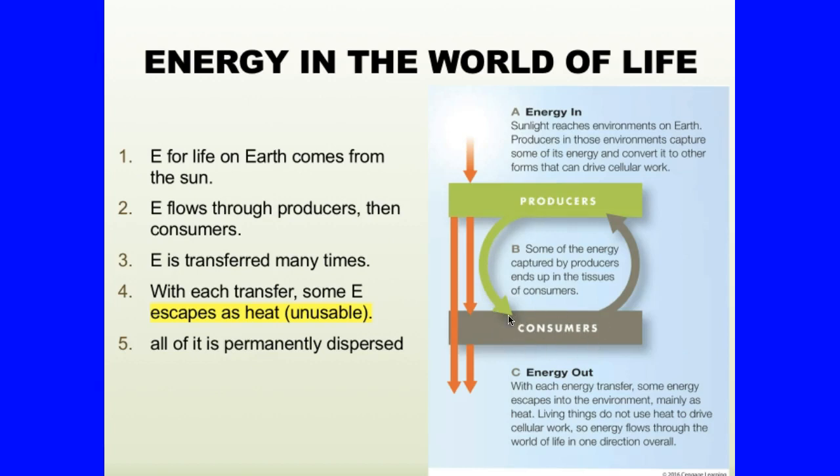If we're talking about cellular respiration, we release carbon dioxide, which gets reversed back into the producers as well. It's just a matter of energy being cycled through different producers, consumers, and decomposers back and forth.